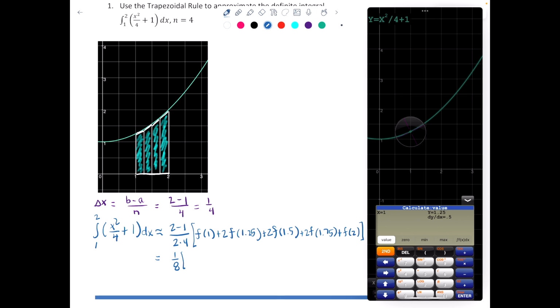Now I'm going to use the calculator to get these function values. f at 1 is 1.25, all right?